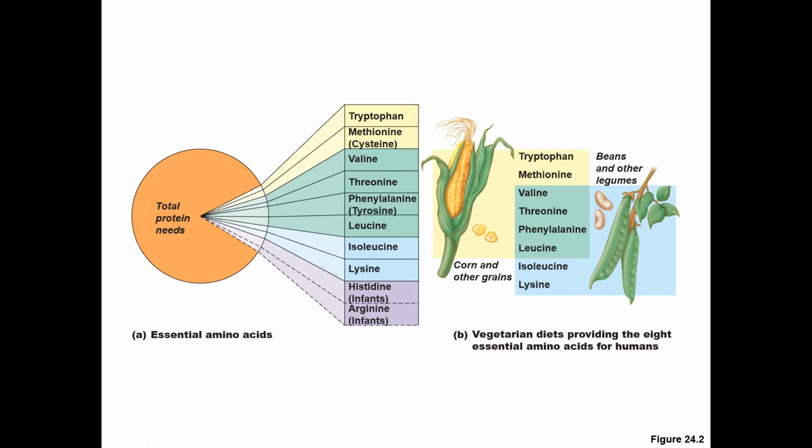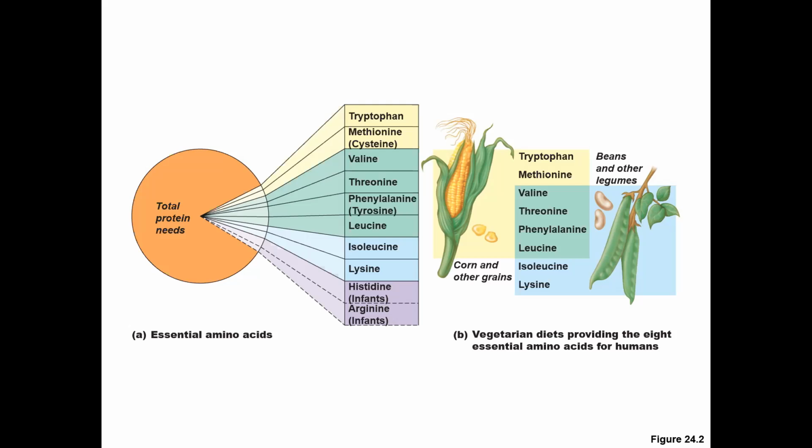We have 4 amino acids that they overlap on, but the ones that corn is only providing are tryptophan and methionine, and beans are giving us isoleucine and lysine. So each set of plants will give us part of the complete list, and when we put two different combinations together, we'll get everything we need.